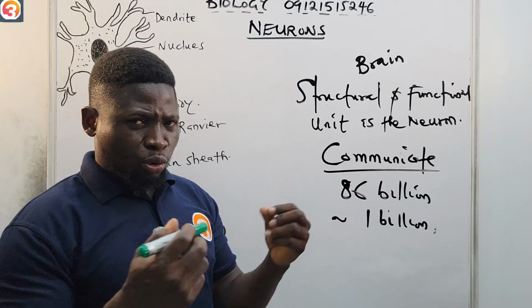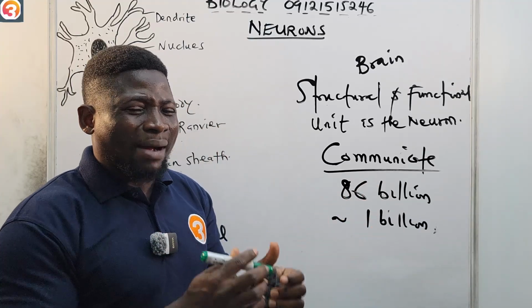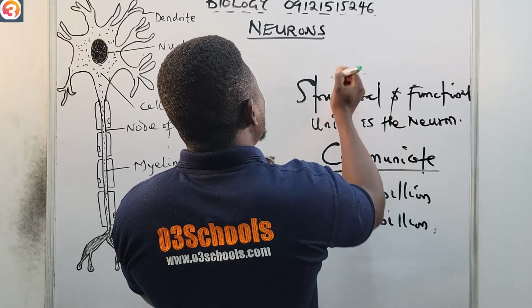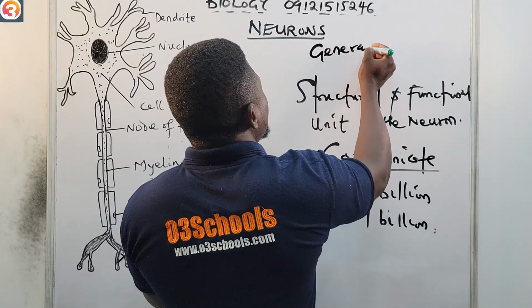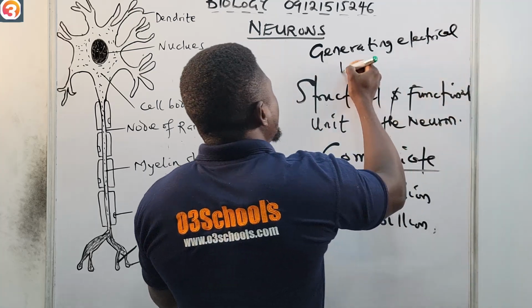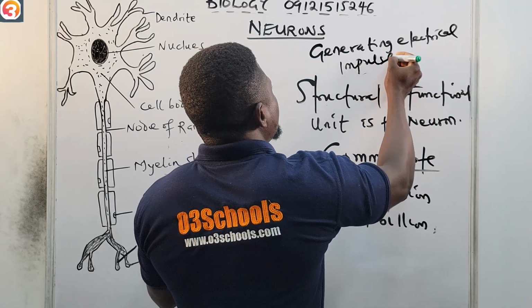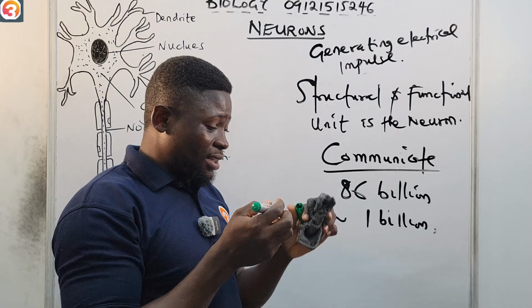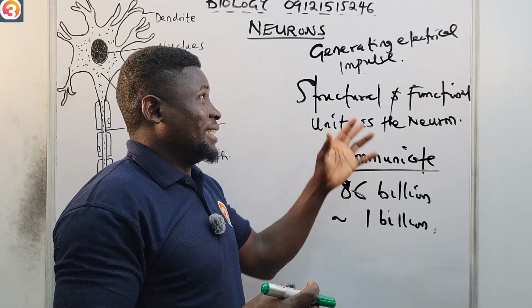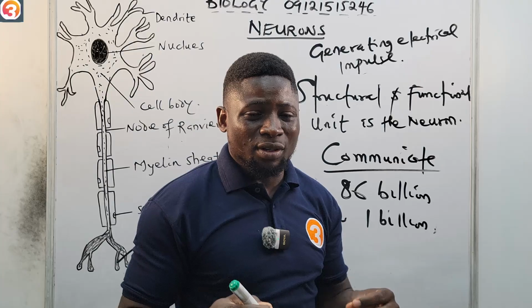And they do this by generating electrical impulses. So the whole nervous system interacts and communicates by generating this electrical impulse.